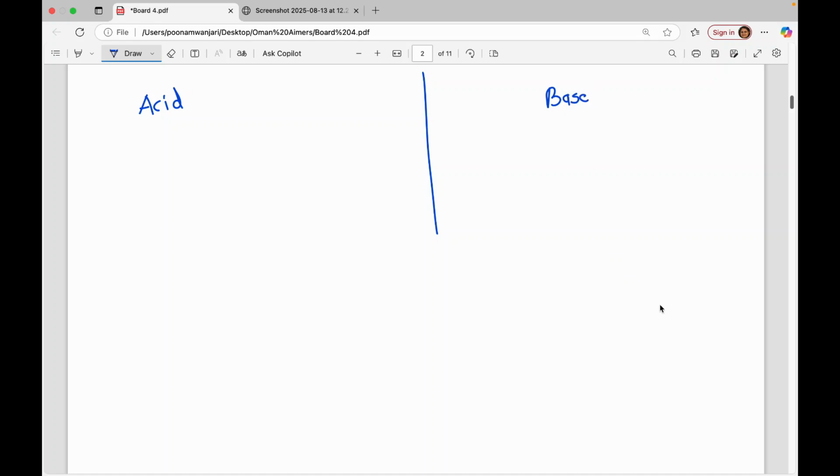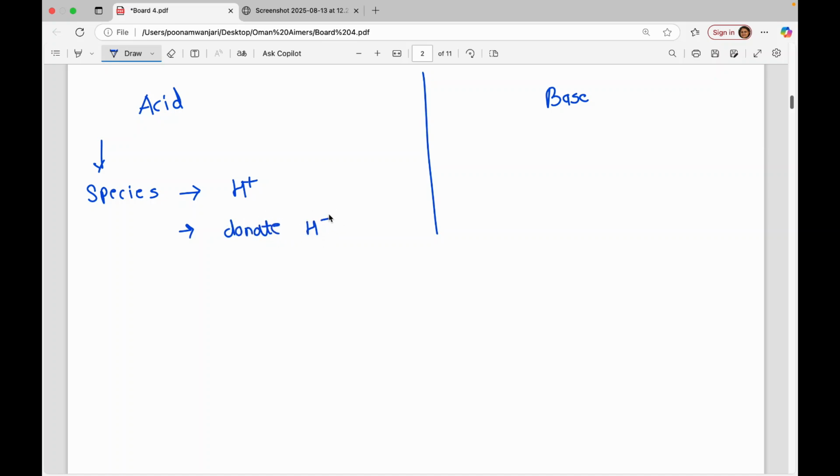According to Bronsted and Lowry, an acid is a species. It can be a molecule or an ion, that means it can be a cation or an anion. But it must contain H+. This is an H+ containing species which is able to donate H+.